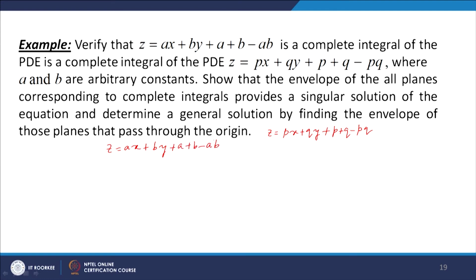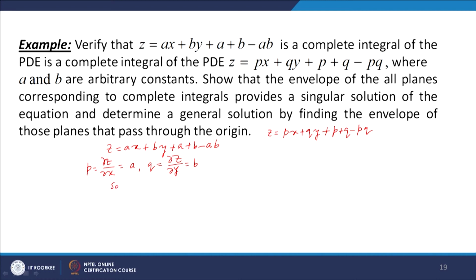Okay, let us show that it is a complete integral of this nonlinear PDE. So, let us differentiate this with respect to x, partial derivative, let us find p, this is equal to a, and when we find q, what we get is b. Okay.